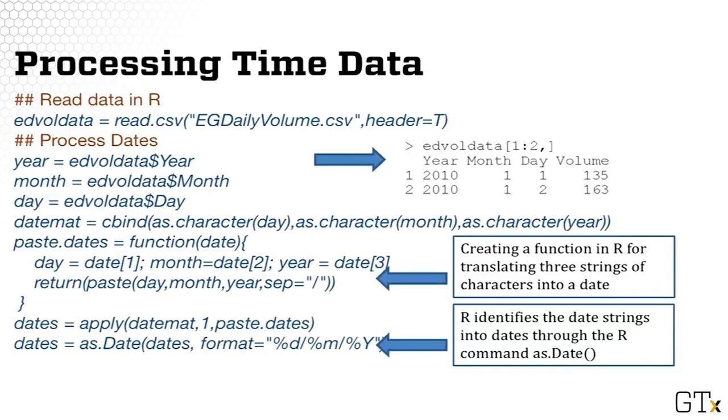Last, I convert the dates output from this R command into dates that R can identify as such using the as.Date command. This vector of dates will be the input into the visual analytics displays to display time.